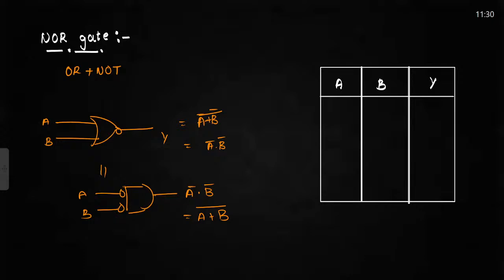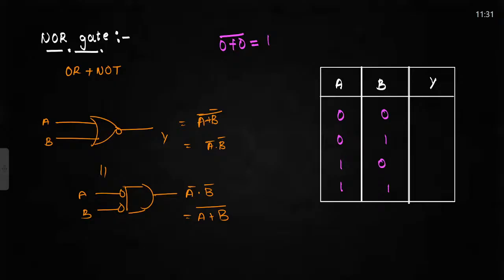A B. So what are my total possible combinations here? 0 0, 0 1, 1 0, and 1 1. So my NOR will give me, that is 0 plus 0 bar, so it will give me 1.